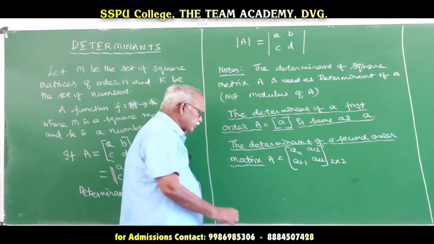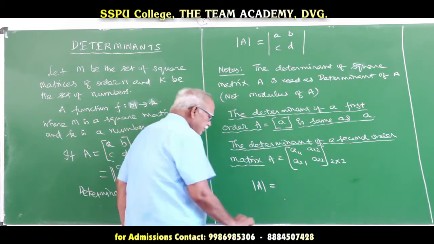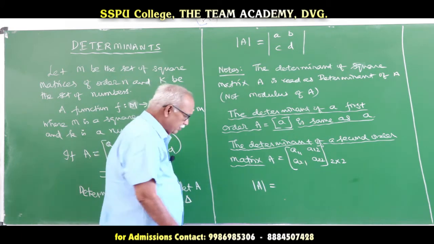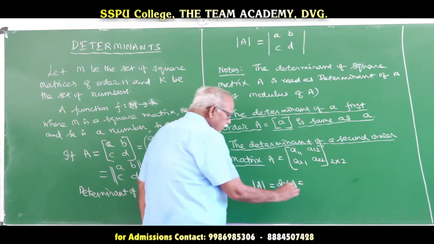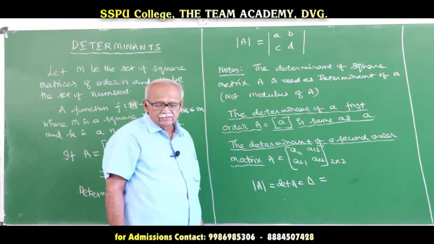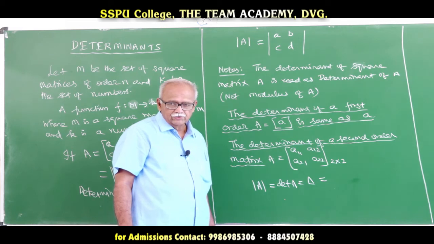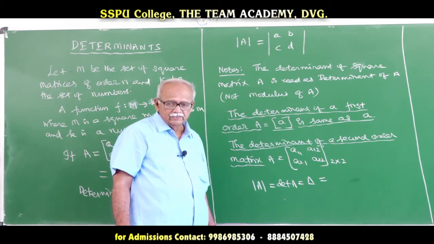So, what is the determinant here? Determinant of A is det A, and you can also use delta. Delta is also taken as determinant. Where else is delta used? Delta is used for the area of a triangle.